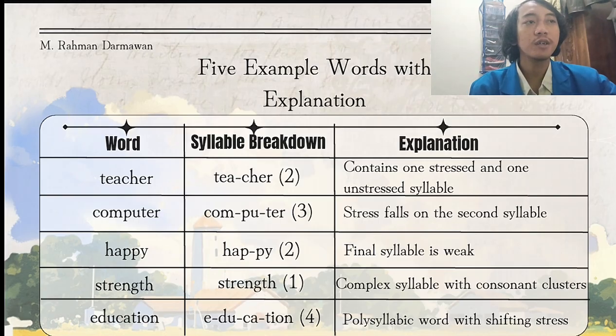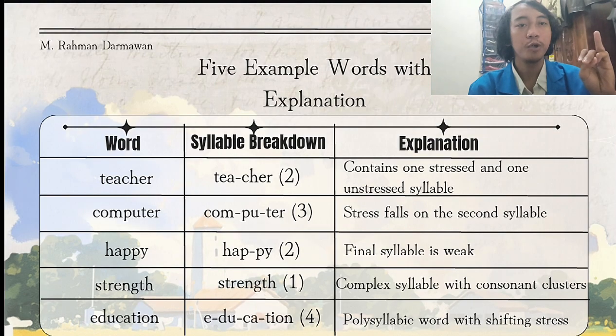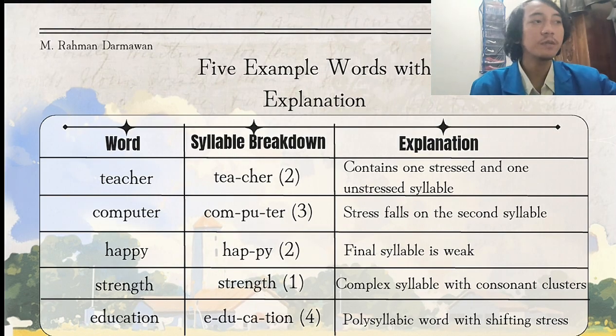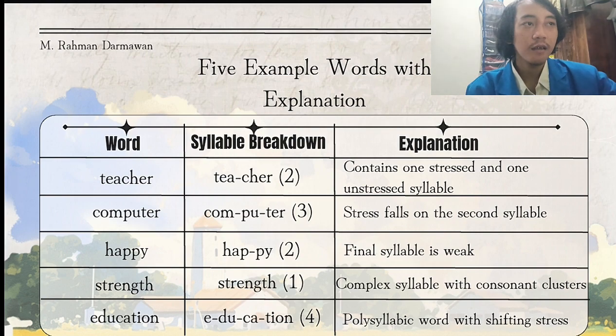The word computer has three syllables, com-pu-ter, and the explanation is that stress falls on the second syllable. The word happy has two syllables, hap and py, and the explanation is that the final syllable is weak.